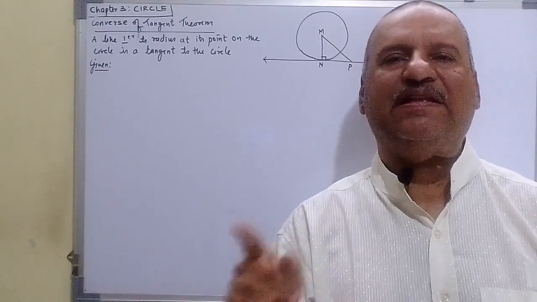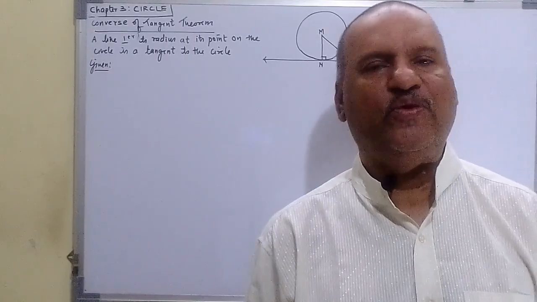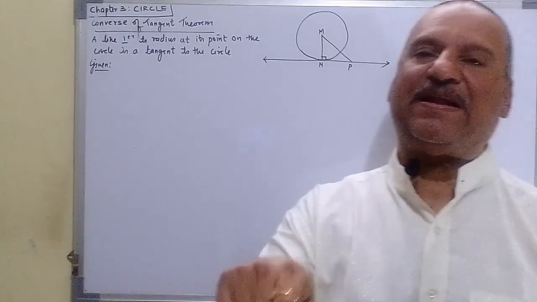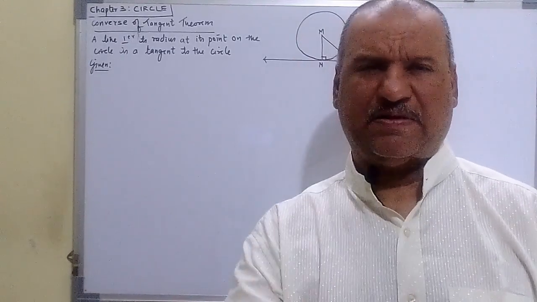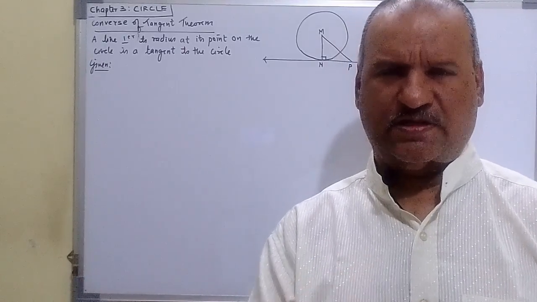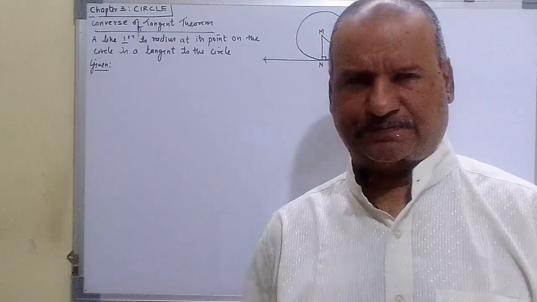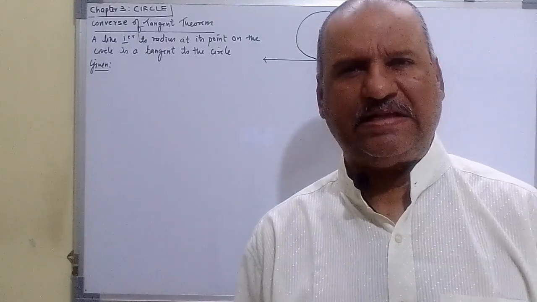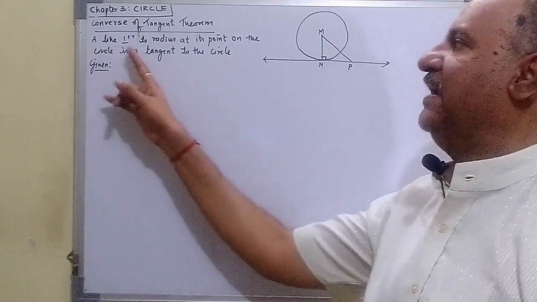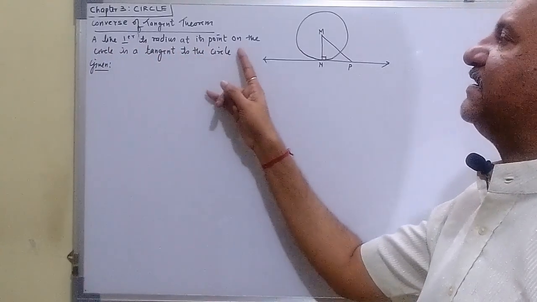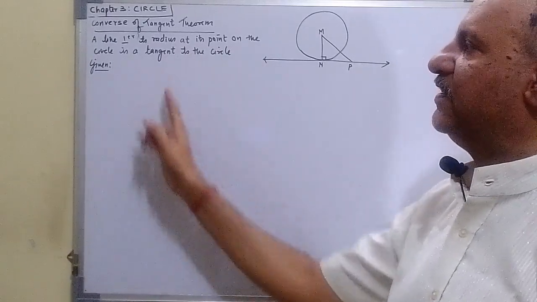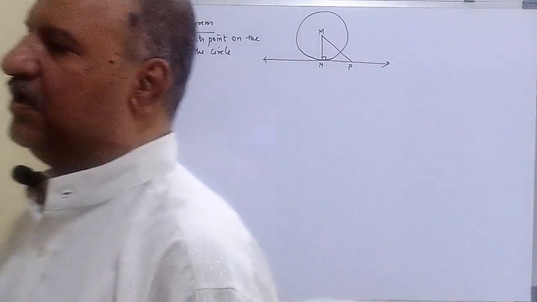So हमने प्रूव किया था line L is perpendicular to OA. यहाँ उसका रिवर्स है. उन्होंने कहा if a line perpendicular to the radius at any point on the circle, then that line has to be a tangent to the circle.